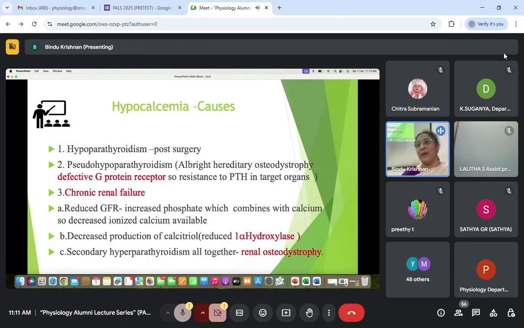Third, because my calcium level is less, my parathormone will start getting secreted, so I have what is known as secondary hyperparathyroidism. So all these three things together: reduced GFR with increased phosphate, reduced calcium, decreased production of 1-alpha hydroxylase, and increased PTH causing bone resorption. You end up having what is known as renal osteodystrophy, right?